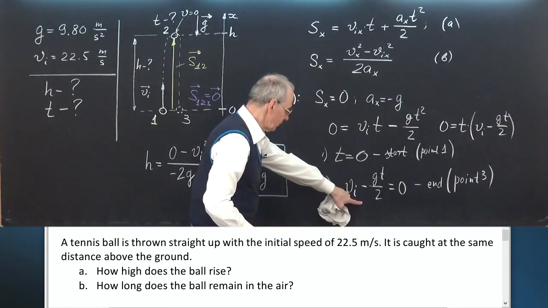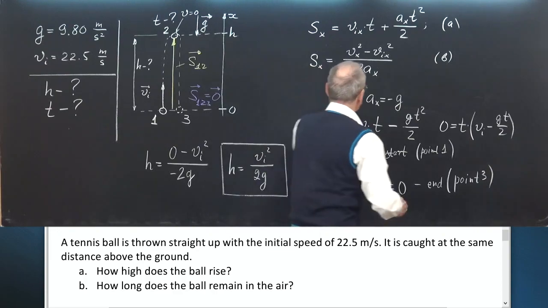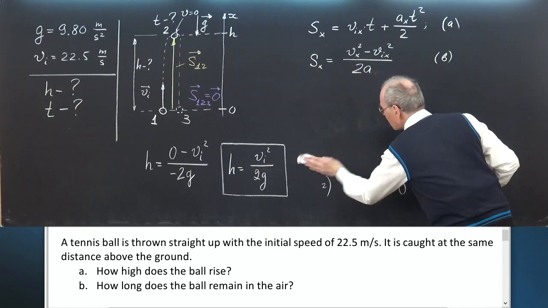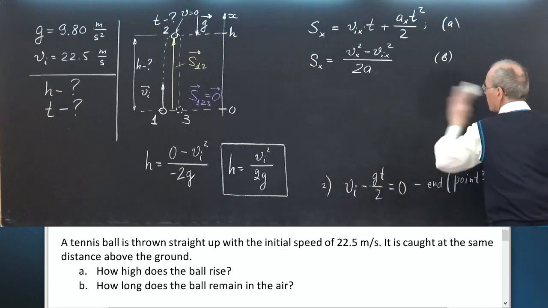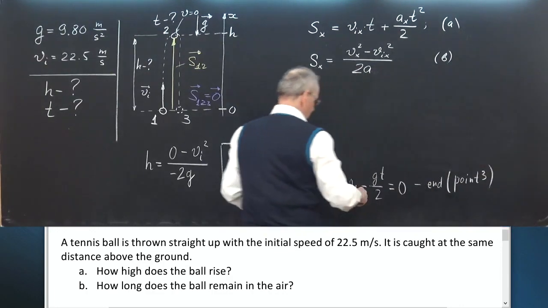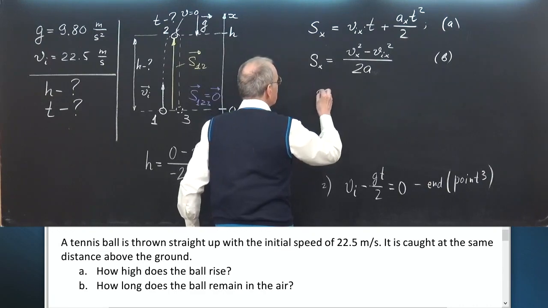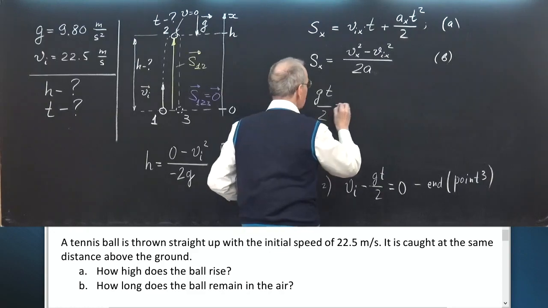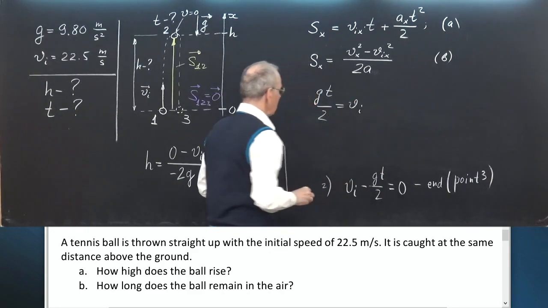Let's use this formula. So you can see gt over 2 equals v initial.